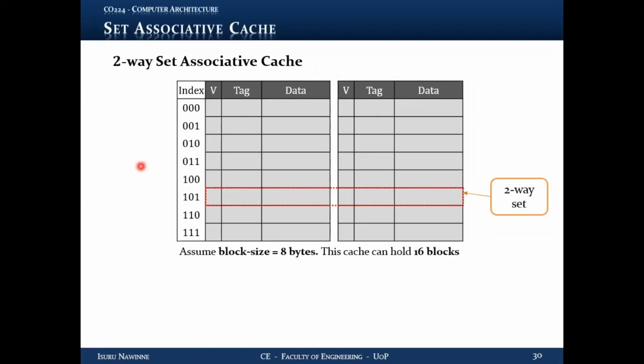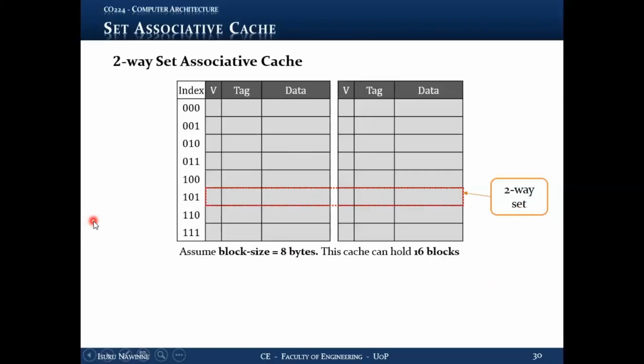So if we assume the same block size, 8 bytes, this particular structure can hold 16 blocks, right? The original direct mapped structure we looked at can hold 8. This can hold double that many. At each index, you can store two different data blocks along with the corresponding tags and valid bits, right? So one index refers to a two-way set now.